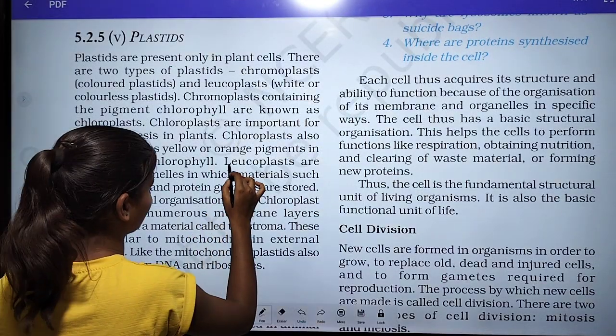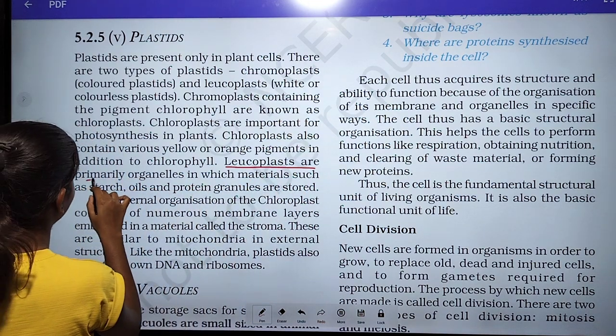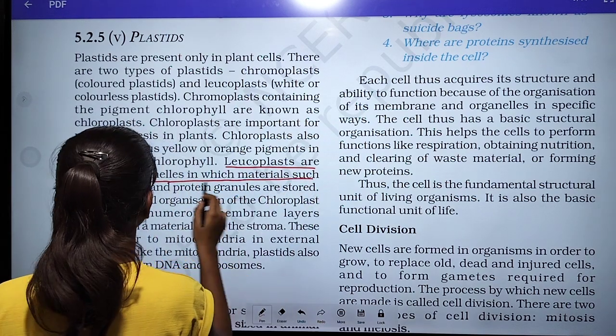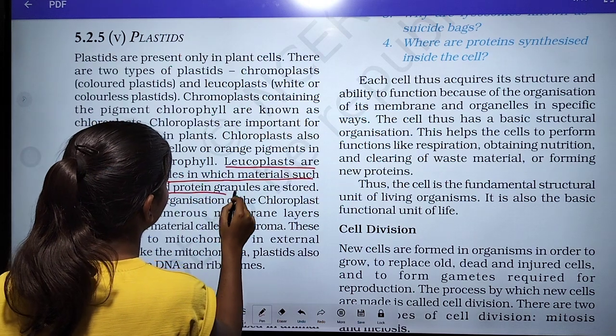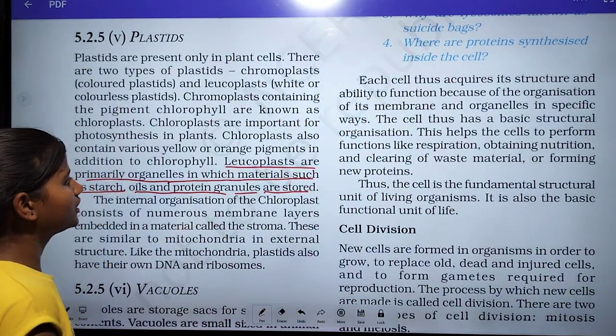And now, leucoplasts are primarily organelles in which materials such as starch, oil, and protein granules are stored.